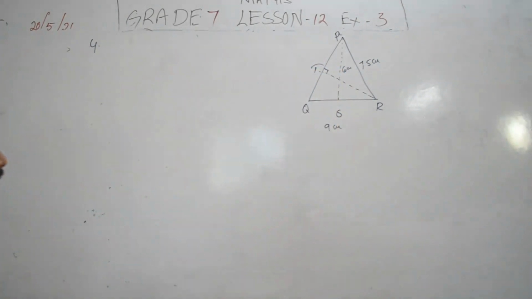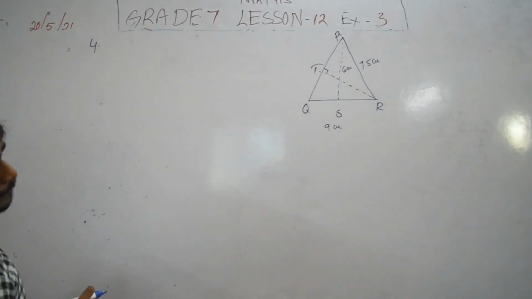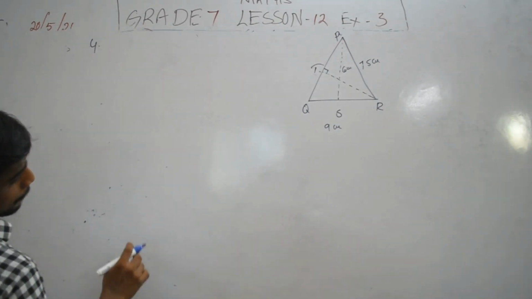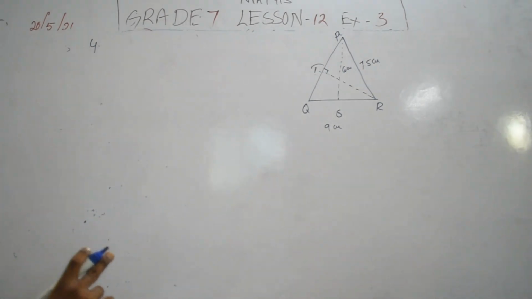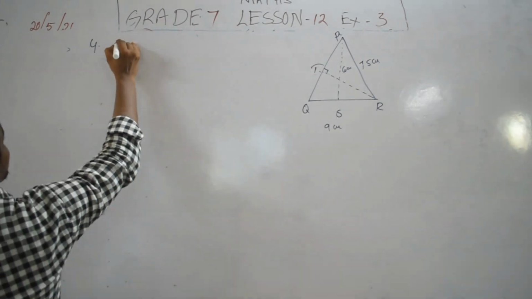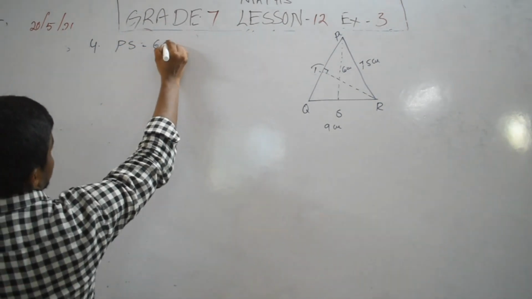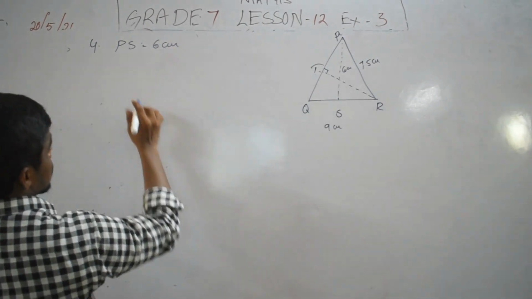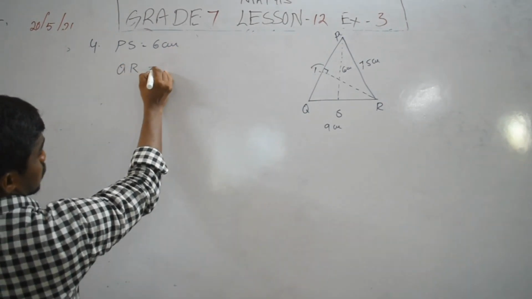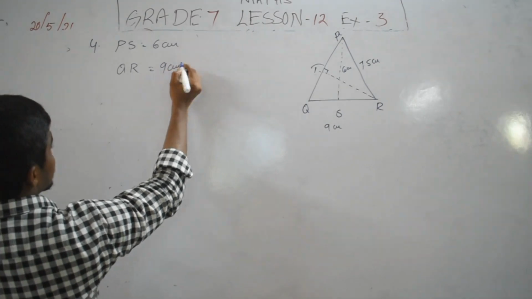So now here PS given, PS 6 centimeters, next QR 9 centimeters.